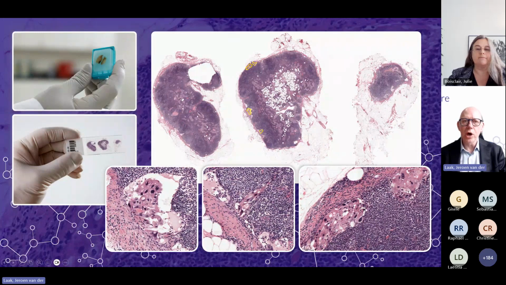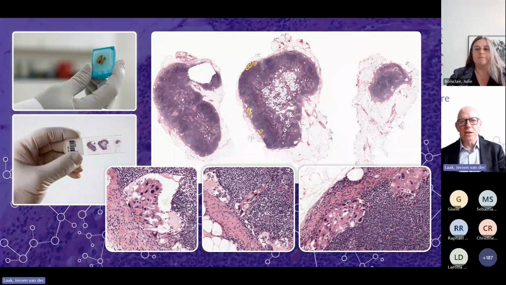So rather than having to spend a lot of time zooming in and out, inspecting these images, pathologists could already be led to the regions that are most likely to be diagnostically relevant. And this is just one example of where AI could be very helpful.